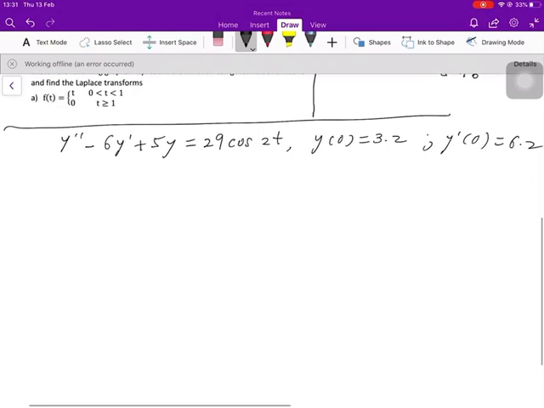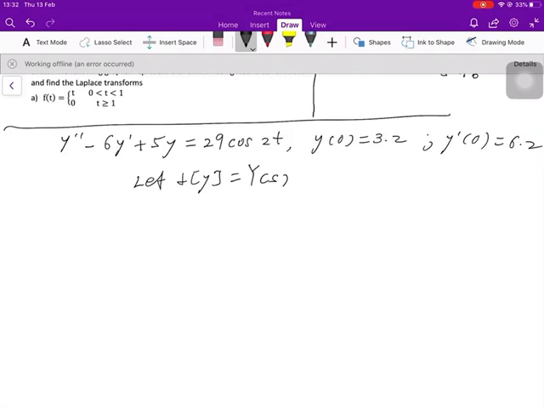Right, so to solve this problem, let's assume that we pass the variable y into our Laplace transform operator, and then we get Y of s.